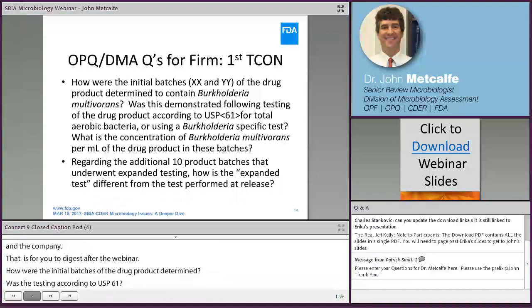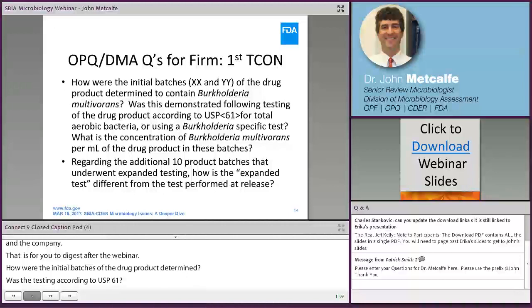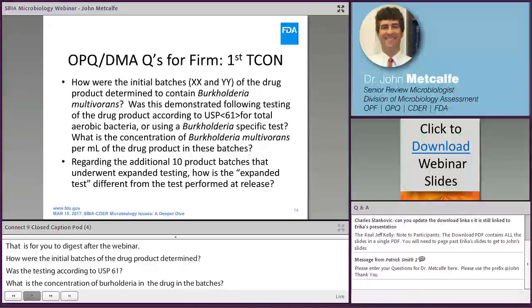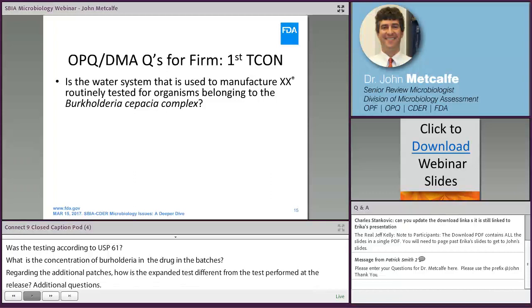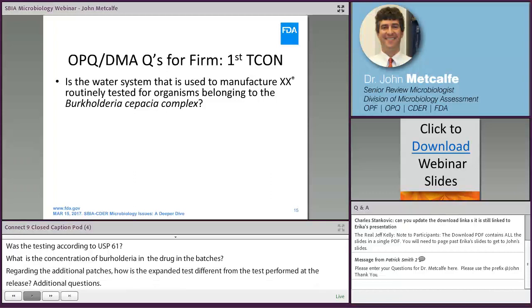Next question. Regarding the additional 10 product batches that underwent expanded testing, how is the expanded test different from the test performed at release? Again, we didn't know anything about the expanded test, so we asked the question. Additional questions. Is the water system that's used to manufacture this drug routinely tested for organisms that belong to Burkholderia Cepacia Complex?